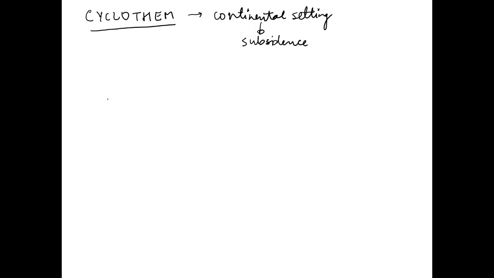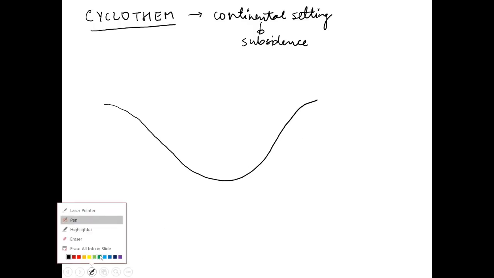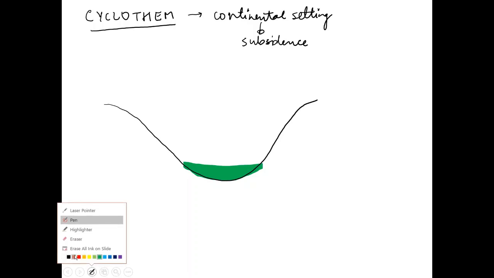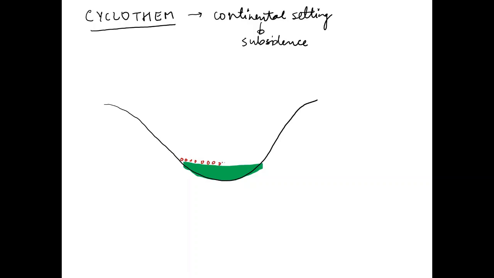So what will happen if, let us say, that this is a depression and there is some plant material, organic material. Over it will lie the sedimentary cover. So it will bury the peat.